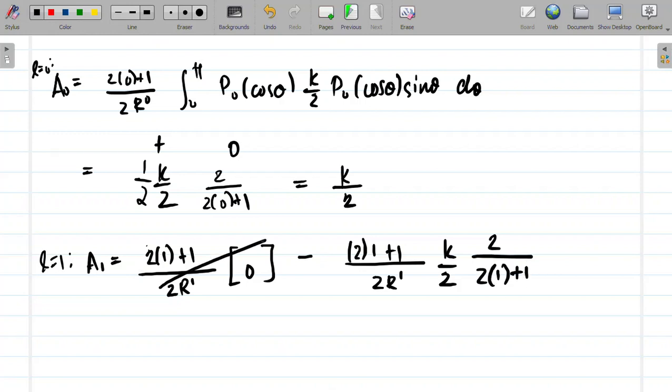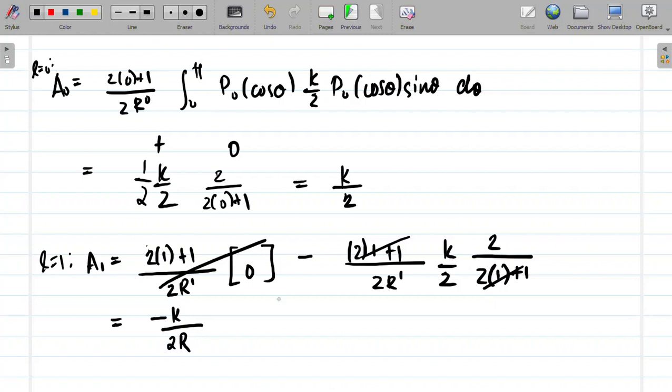So, bale, cancel yan. This is equal to negative k over, teka lang, negative k over 2r. Tama. Negative k over 2r. Cancel kasi itong dalawang to.